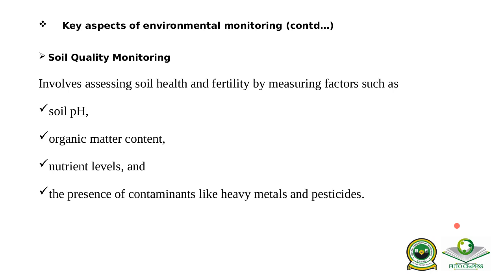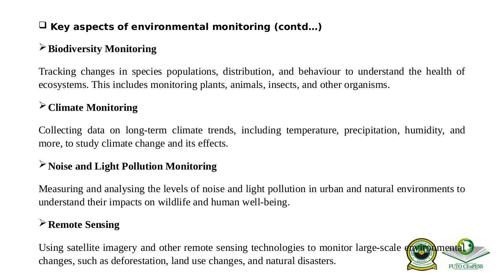We look at nutrient levels. We look at the presence of contaminants in the soil, contaminants such as heavy metals. Are there pesticides or herbicides that could spell doom for organisms that are in the soil? These are soil health or soil quality parameters that are measured in soil quality checks or monitoring.